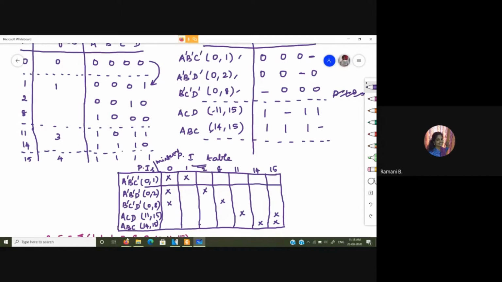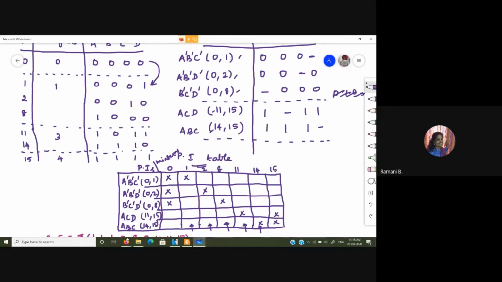After this, we look for columns where we have only a single X mark. The corresponding term, we call it an essential prime implicant. Here in this column we have a single mark, here also a single cross mark, here also, and here also.